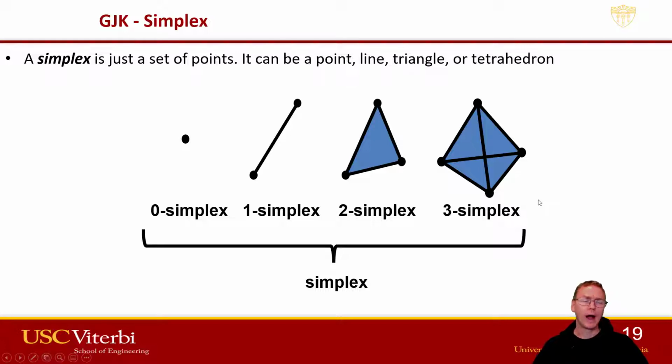Now, why do you need to go, or why can you stop? Remember, if the shapes overlap, that means the origin is part of the Minkowski difference. What we're trying to do is build a shape that encloses the origin so that we can answer the question, is the origin part of this Minkowski difference? For example, let's say the origin is right there. That's inside this triangle.